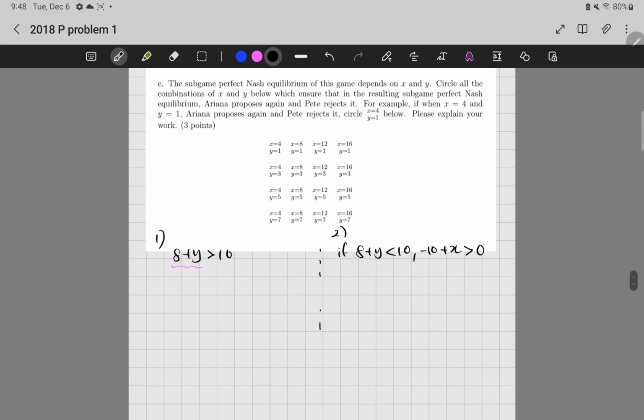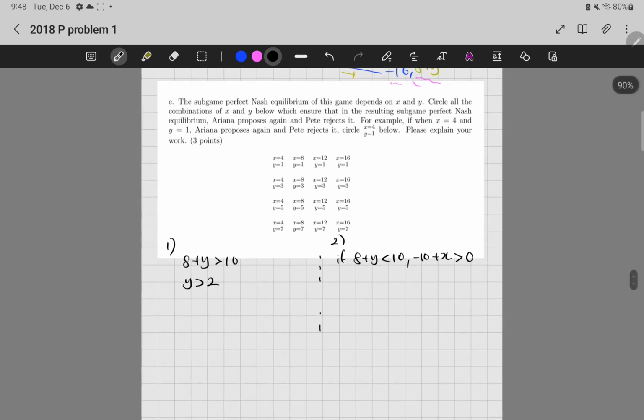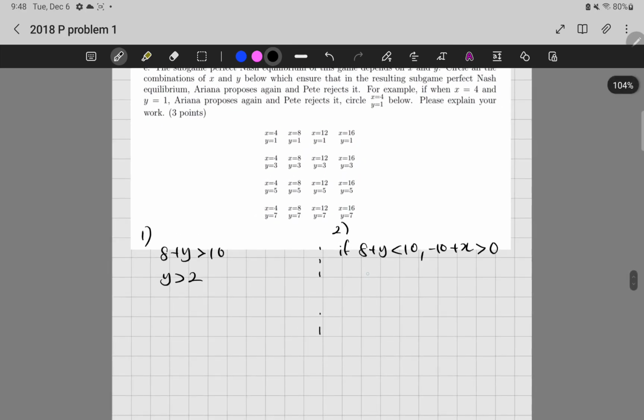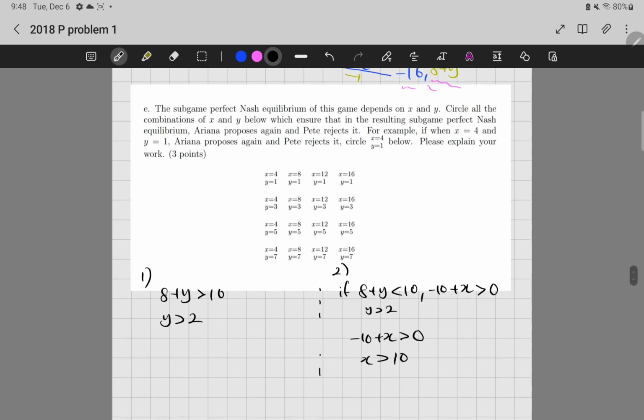So first, let's go through the first scenario. This is simple algebra. 8 plus y is greater than 10. That means that y should be greater than 2. And for scenario 2, if y is less than 2, then negative 10 plus x should be greater than 0, and x then should be greater than 10.